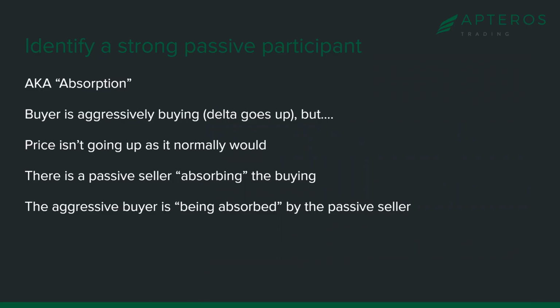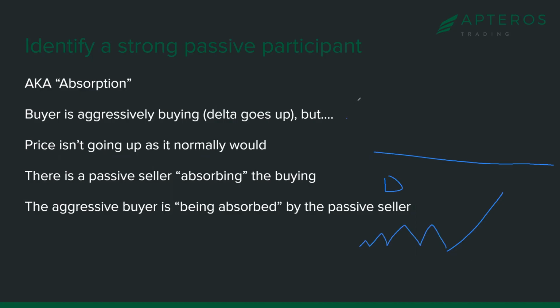Sometimes we can identify that dominant passive participant that I alluded to. We call this absorption. If you have a buyer that's really aggressively buying, what is the delta going to look like? Well, it's going to look like this. Maybe it was putting in some rotations before.